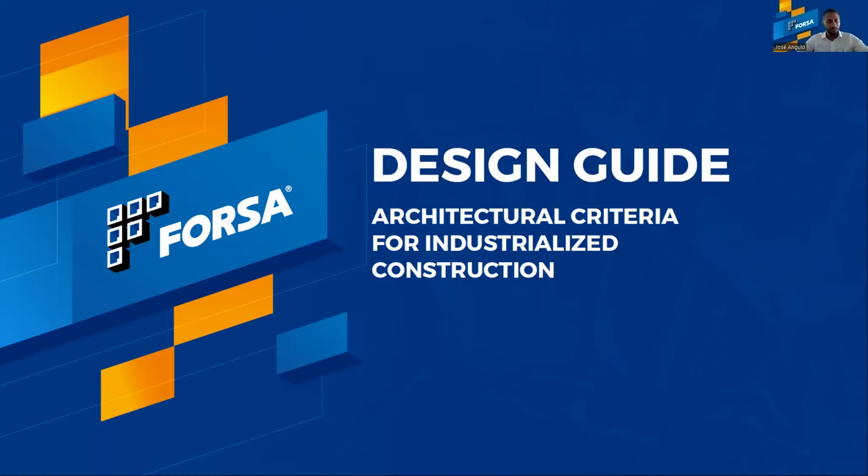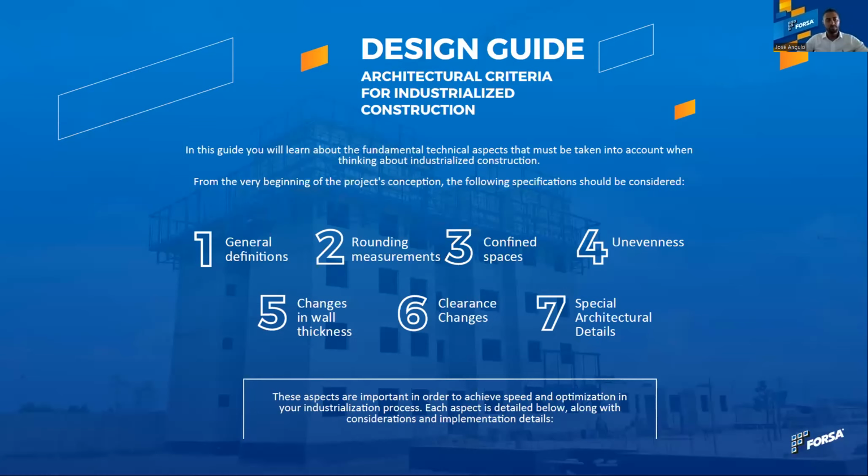So you will see now these criteria, these tips, these key factors that we can keep in mind to build in a better way. If we are focused on design, we will check these following tips.